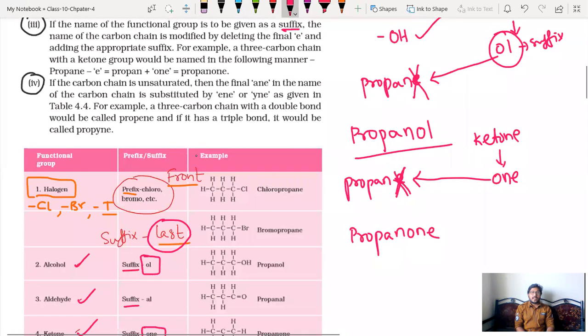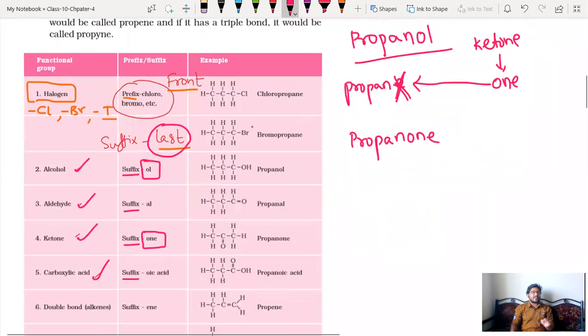Fourth one, if the carbon chain is unsaturated. Till now we have seen for saturated. If it is unsaturated, then the final ANE in the name of the carbon chain is substituted by ENE, YNE. So for saturated only we are adding functional groups.